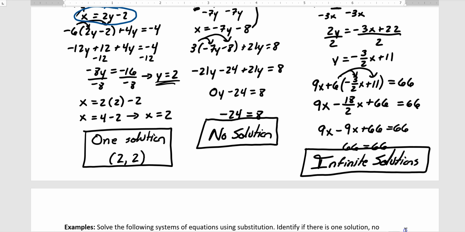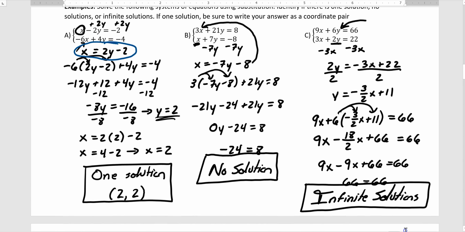Which means that if I were to graph these original lines, they would actually represent the same line on the coordinate plane. So here's 3 examples of each possibility. We have one solution with letter A, where we had x equals 2, y equals 2. We found the values to give us that one coordinate, 2, 2.